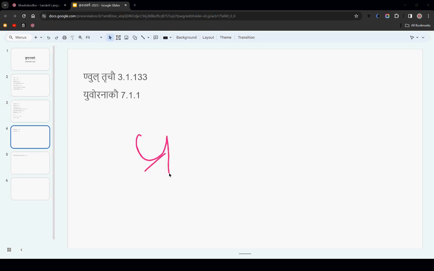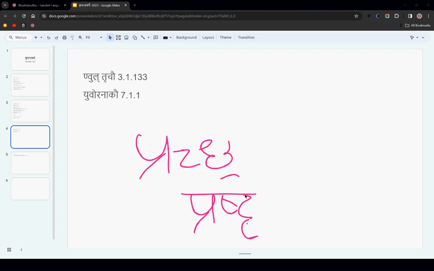Then I have prashta. Prashta means one who questions. Sorry, the dhatu is pracha. Dhatu is what? Pracha. This becomes prashtru, and prathama ekavachanam prashta.